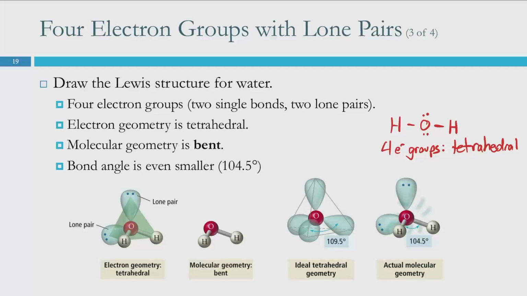Then if you get rid of 2 of those groups, like since I'm sitting on a chair, I can get rid of my legs. And now this shape, it's not flat, it's not linear. It's pushed up. The arms are pushed up. That's what we would call bent shape. So the molecular geometry is bent.